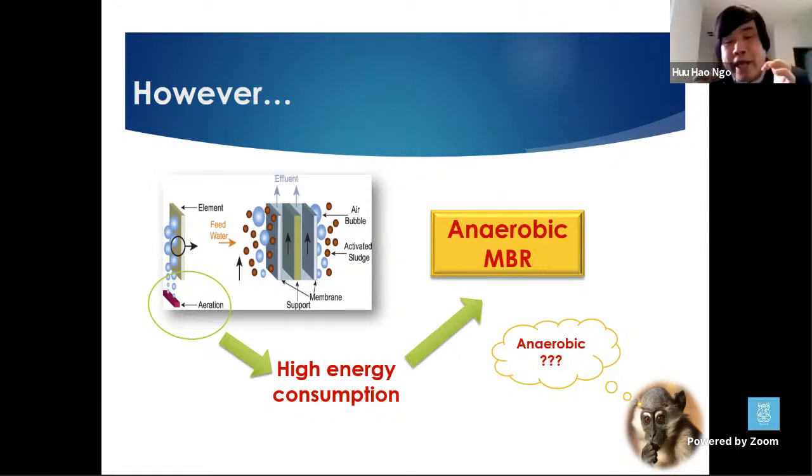I just said about the energy consumption, but the other one is even much more important. That is, we can produce bioenergy. The aerobic MBR cannot produce biogas. An anaerobic MBR 100% can produce biogas, right? So this is something we have to think about with anaerobic MBR. And then we have to make it become very popular, like the aerobic MBR we use at the moment.